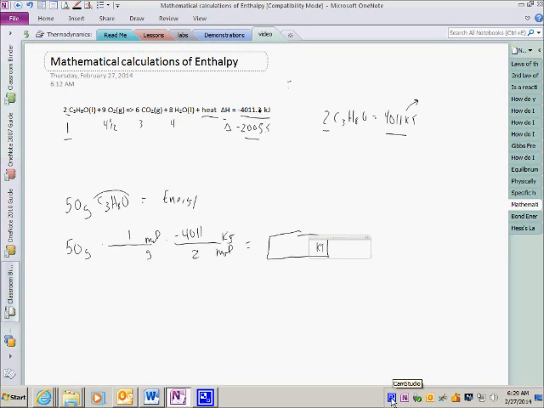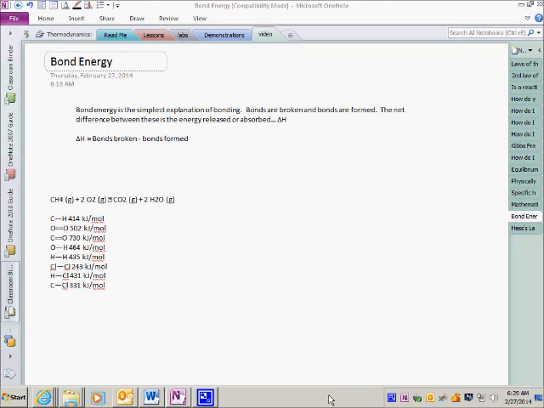Moving on to bond energies. Now with bond energies, this is what I refer to as maybe the simplest explanation of bonding that you could have. Bonds are broken, bonds are formed. Energy is involved. When you break bonds, you should understand that energy is released.